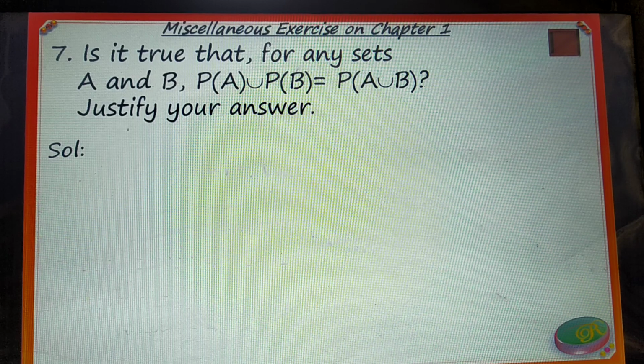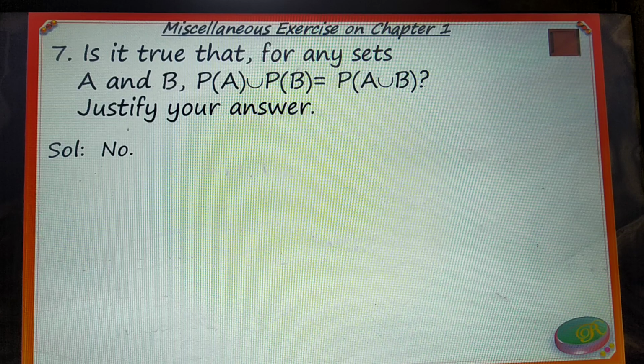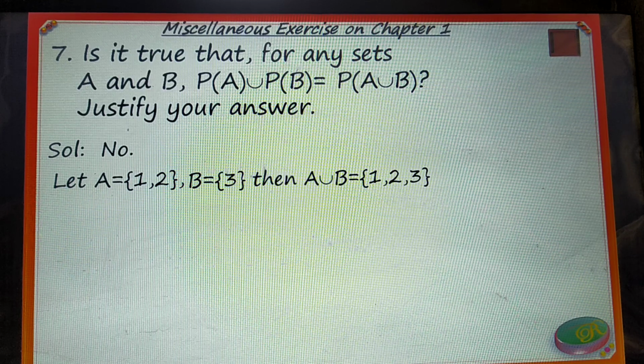No. Justification. Let A be equal to {1, 2}, B is equal to {3}. Then A union B is equal to {1, 2, 3}.